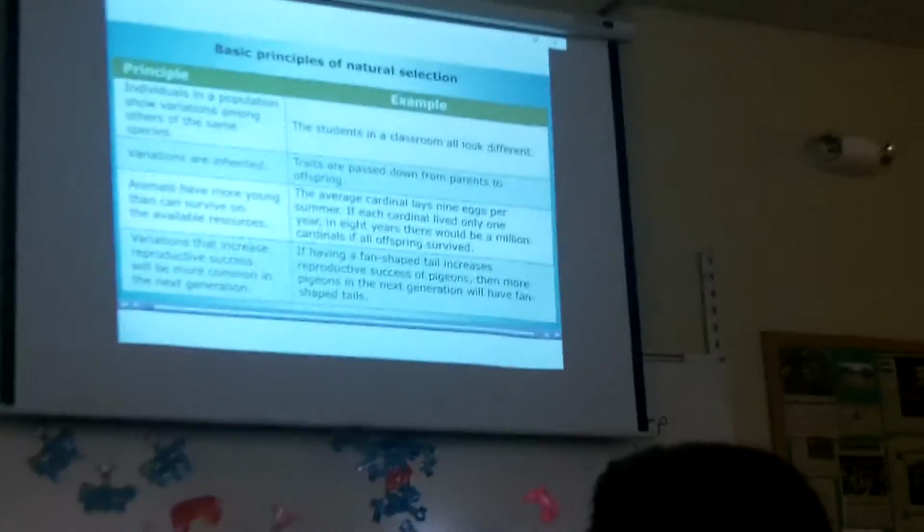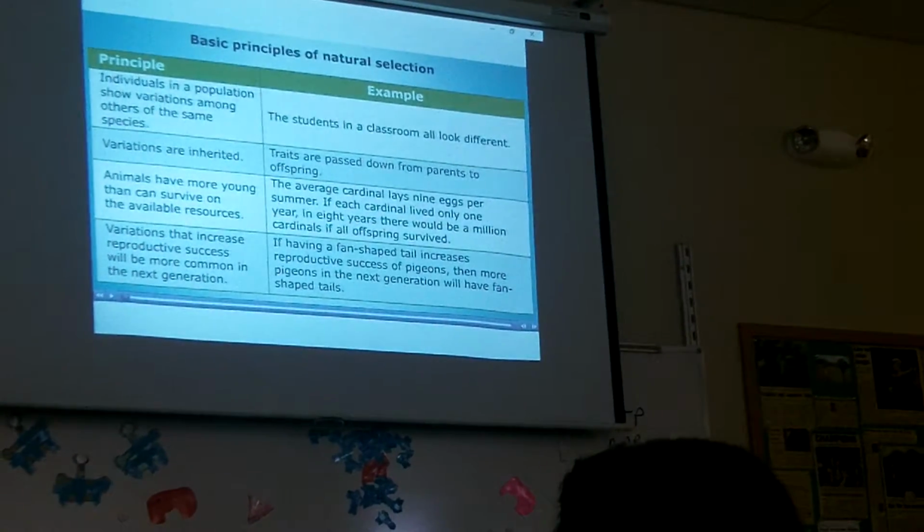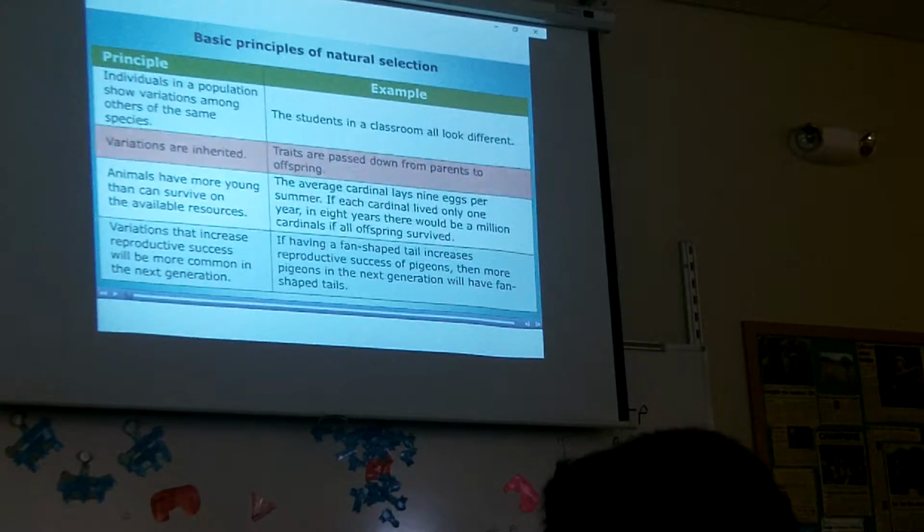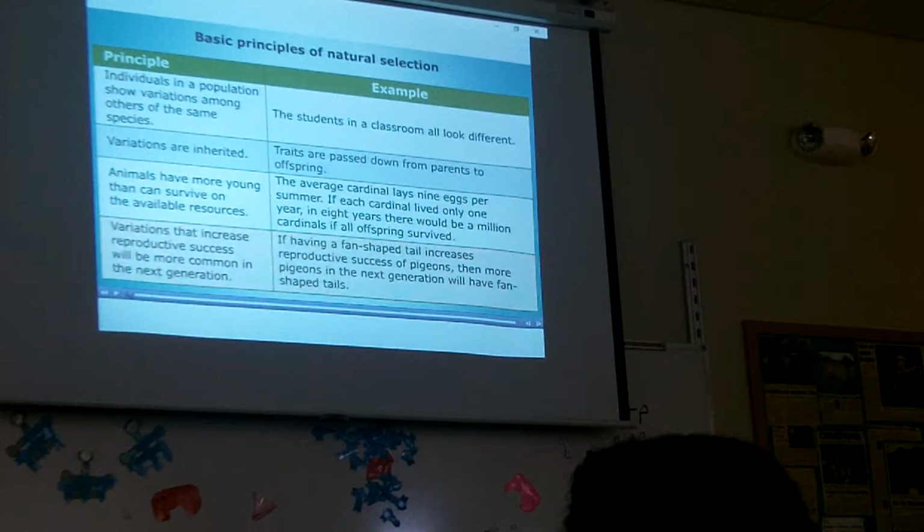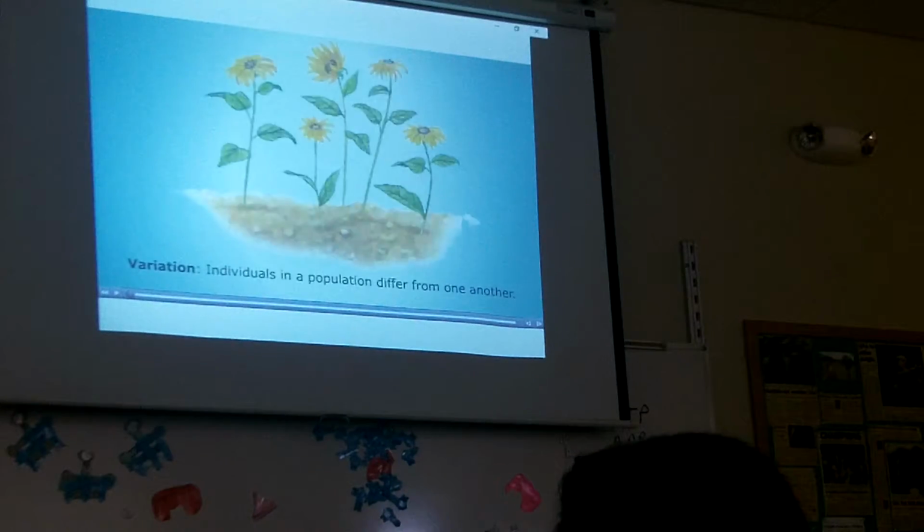Darwin's theory of natural selection describes how, if given enough time, a population can change so that it results in the appearance of a new species. The theory of natural selection describes 4 principles that explain how this can occur: variation, heritability, overproduction, and reproduction. Variation is the principle that explains how individuals in a population differ from one another.